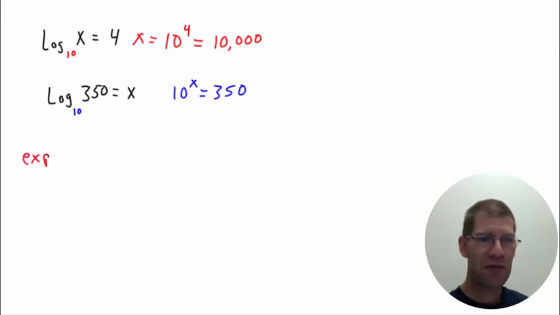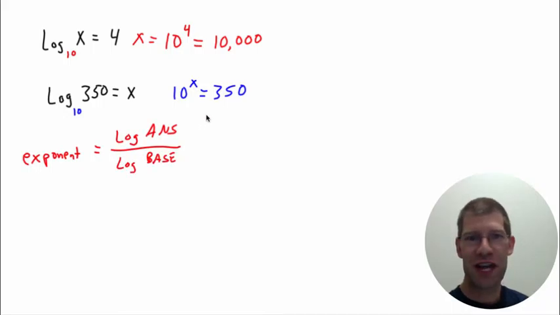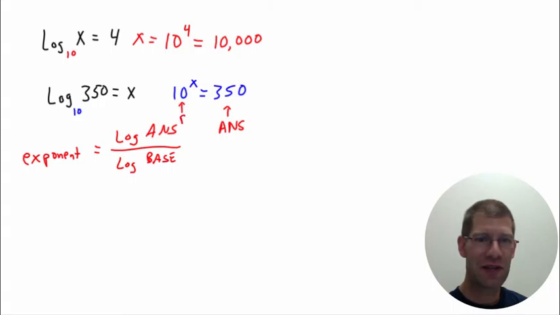But you could say an exponent equals the log of the answer divided by the log of the base. And that's easier than guessing and checking like the book assumes you're going to do. And those terms are not really descriptive, but by answer I mean this number here, the number that's by itself. And that makes more sense for the base, because that's the base of the exponent. It's what's to the power.